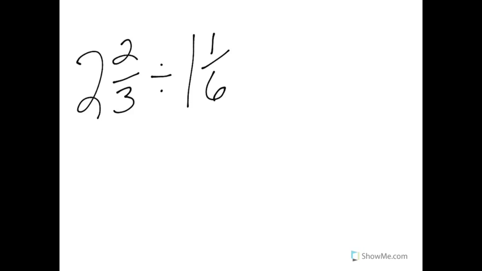Okay, here's what I want to do. These are mixed numbers. To make it a little easier on us, I want to create improper fractions. So I know I'm going to multiply. 3 times 2 is 6. And now I'm going to add. 6 plus 2 gives us 8. Denominator stays the same. So I have 8/3.